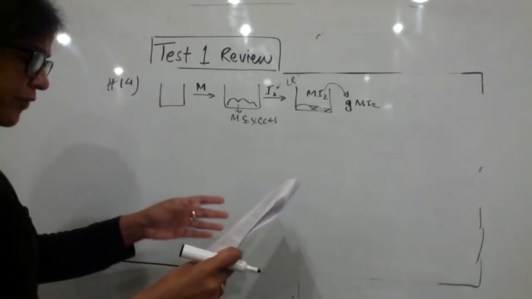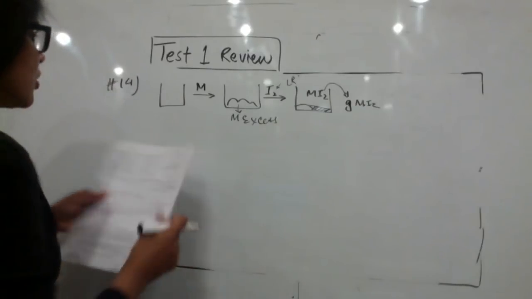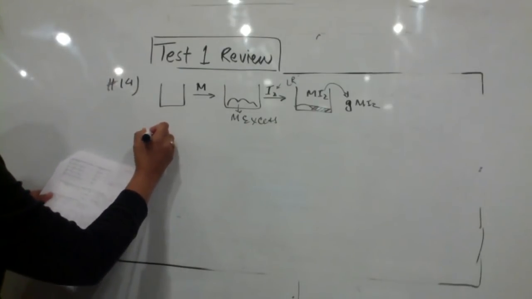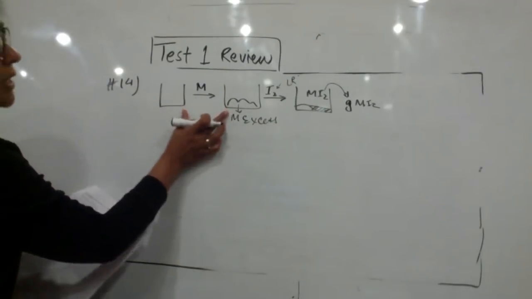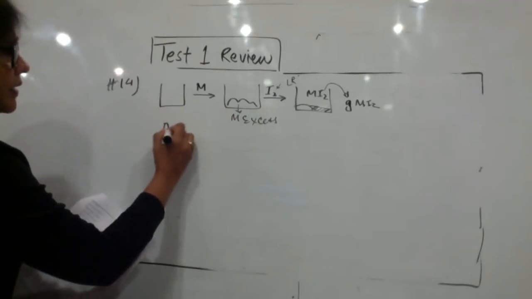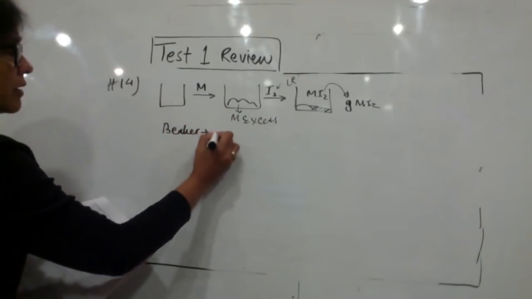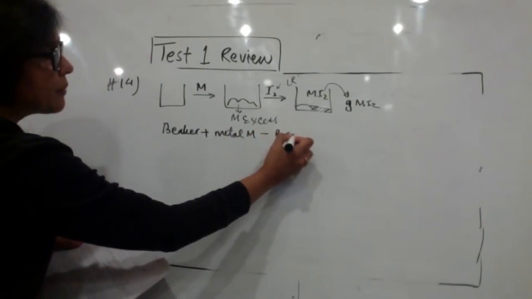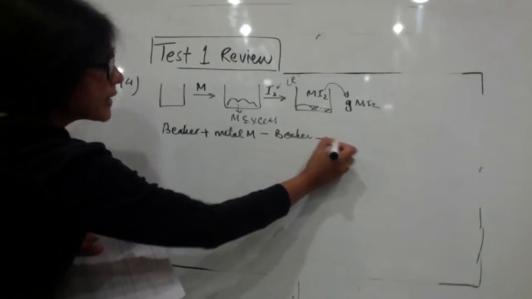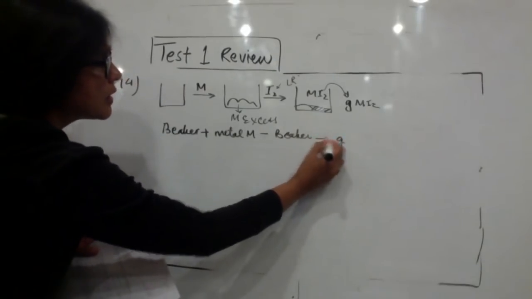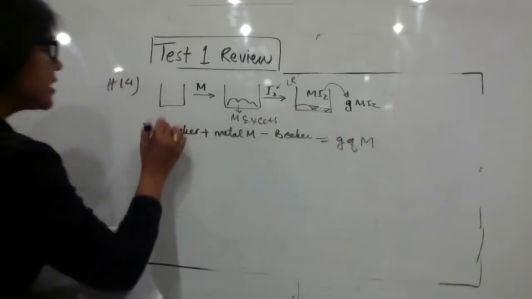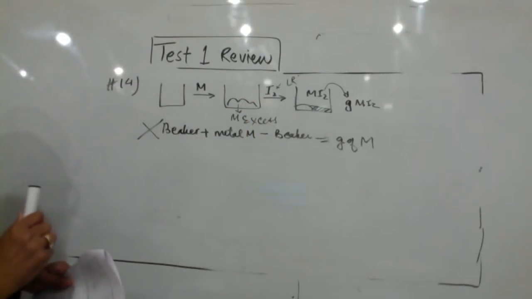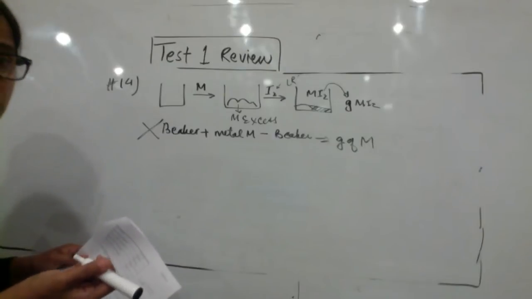Now they ask you different things. They have given you the mass of the beaker, and the beaker plus metal M. If you subtract beaker from it, you will get grams of M, but this is not going to be right, because this will be all the grams of M, and all the grams did not react.